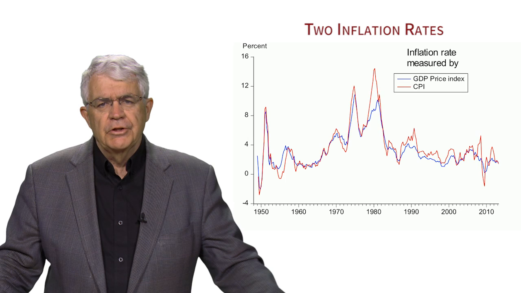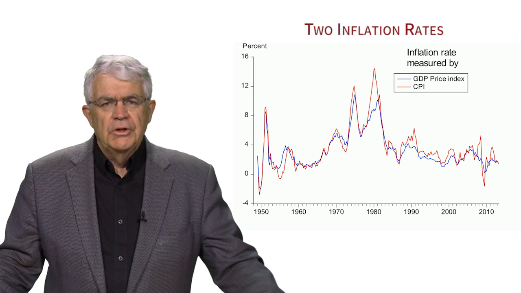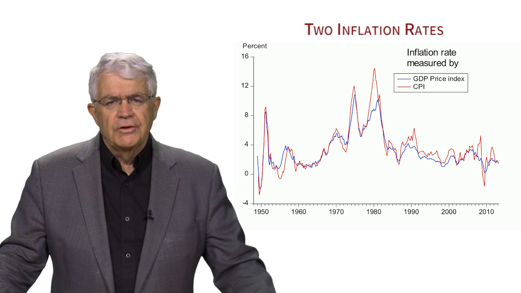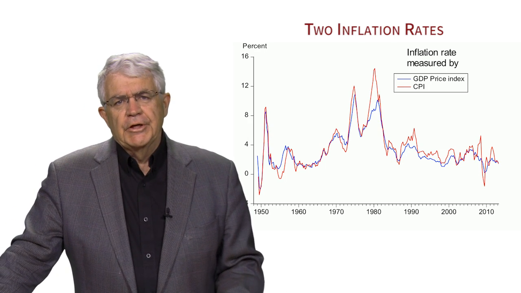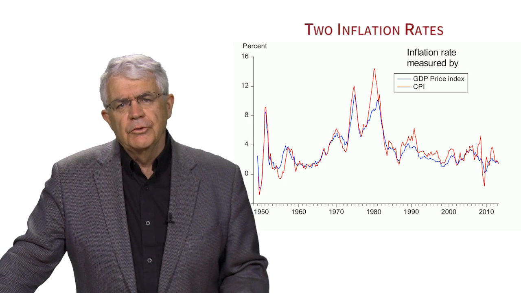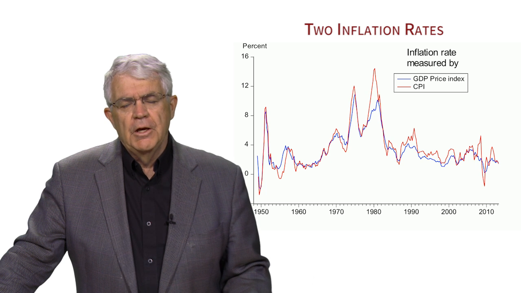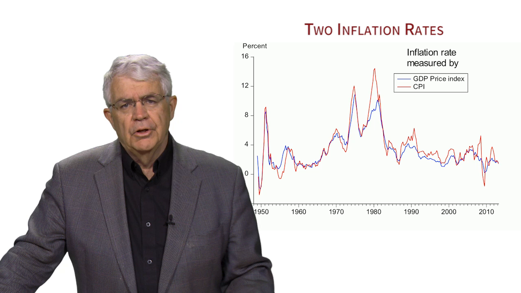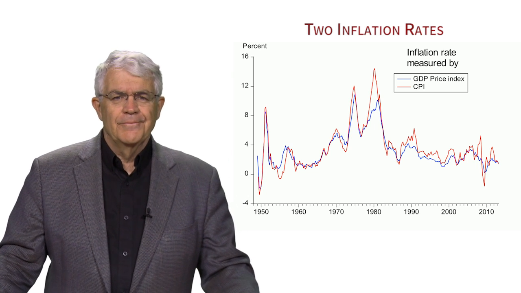But nonetheless, they're pretty close. It's important to note the difference, especially since some of these are used to index important government programs. We're going to now develop some models that explain not only why inflation moves up and down like this over time, but why real GDP, which you've now shown how to compute, also moves up and down over time. Thank you.